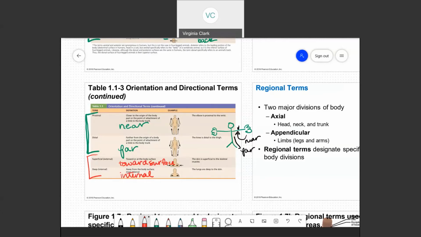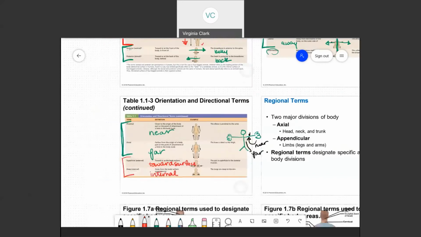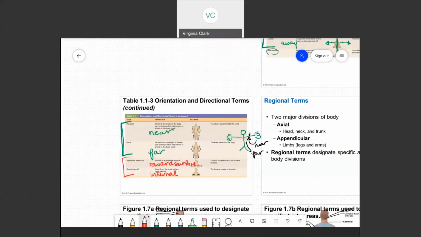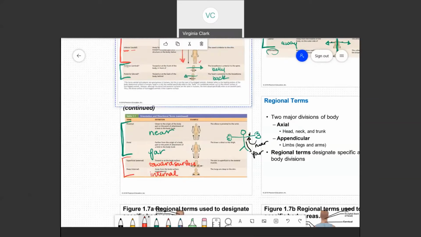Okay, another kind of directional term is kind of just talking about the division of the body. So we have North and South America. When you look at a map, you're going to have axial and appendicular parts of the body. So it's just like thinking through a map.